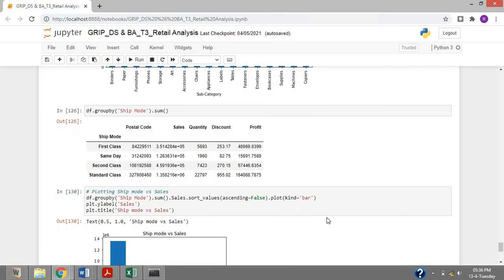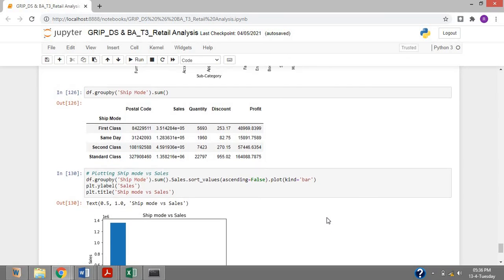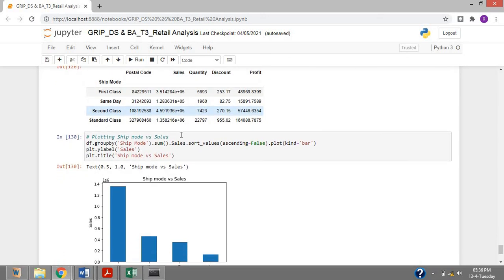Finally, we are finding which is the common shipping mode through which the products are shipped. Again we are applying the same group by, but this time it's based on ship mode, and we are applying the dot sum here.